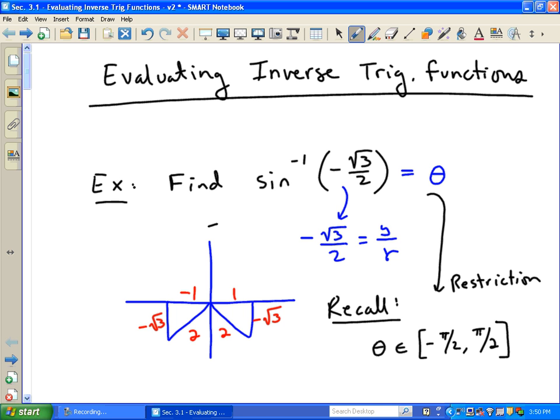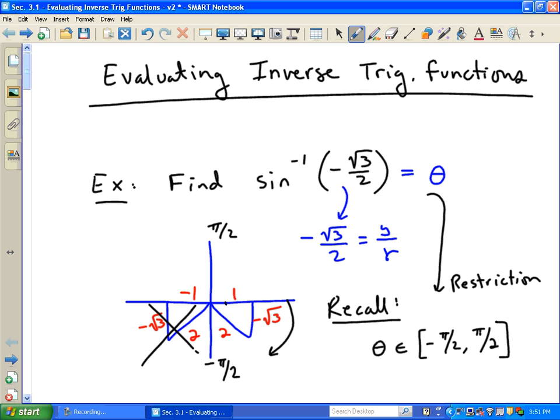On our axes, here's pi over 2, here's negative pi over 2, making sure to take into consideration that you swing that direction. This being the case, we couldn't possibly have that triangle in the third quadrant. Instead, the only triangle we're interested in is the triangle in the fourth quadrant.